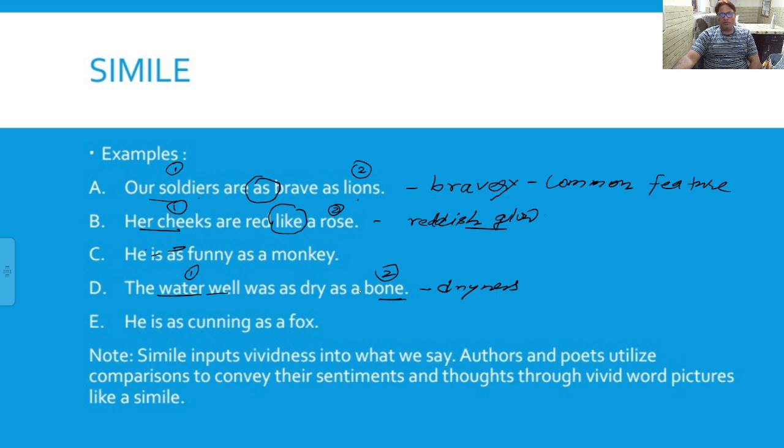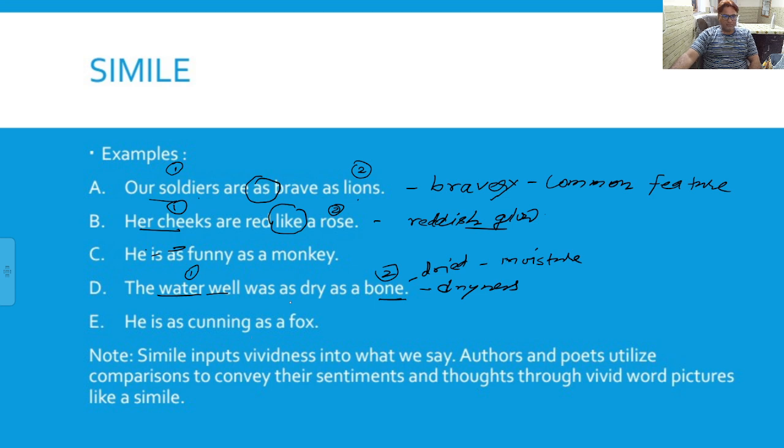You know the bone of an animal, when it comes out of the body, it becomes dry. There is no moisture. And similarly, when the well runs out of water, then the condition of the well is also just like that. So these are simple examples of simile, which we can also use in our day-to-day life.